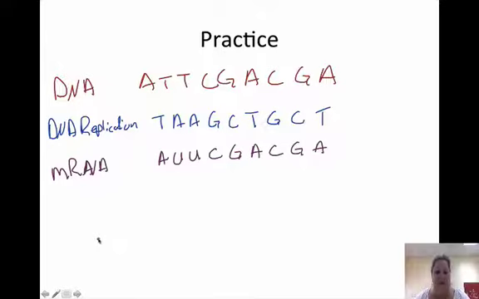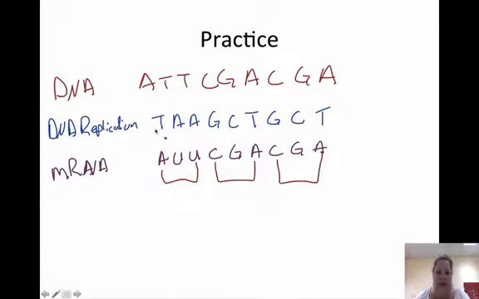And then now we have to read our mRNA code. So remember, these are in codons. Read it in 3, read it in 3, read it in 3.